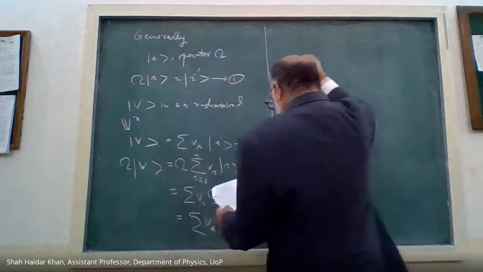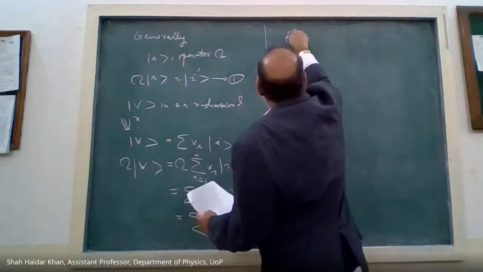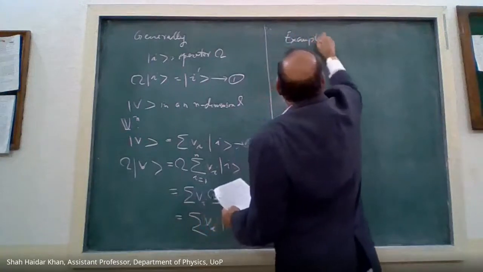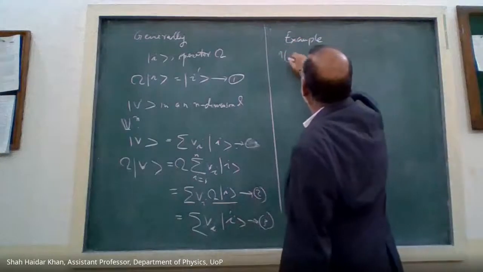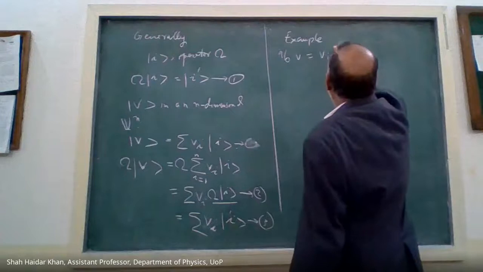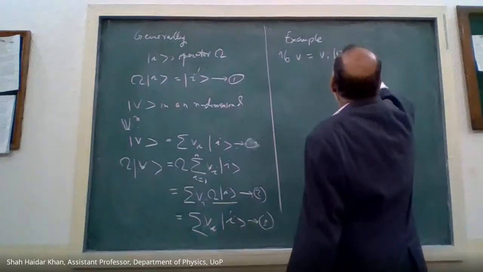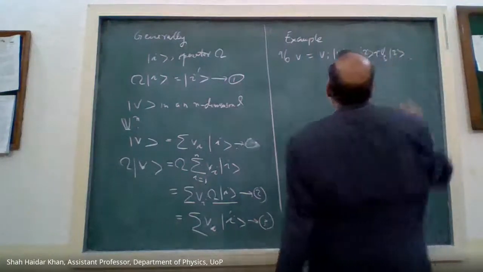Like in the previous case, suppose we have V equal to V1 into 1 plus V2 into 2 plus V3 into 3.